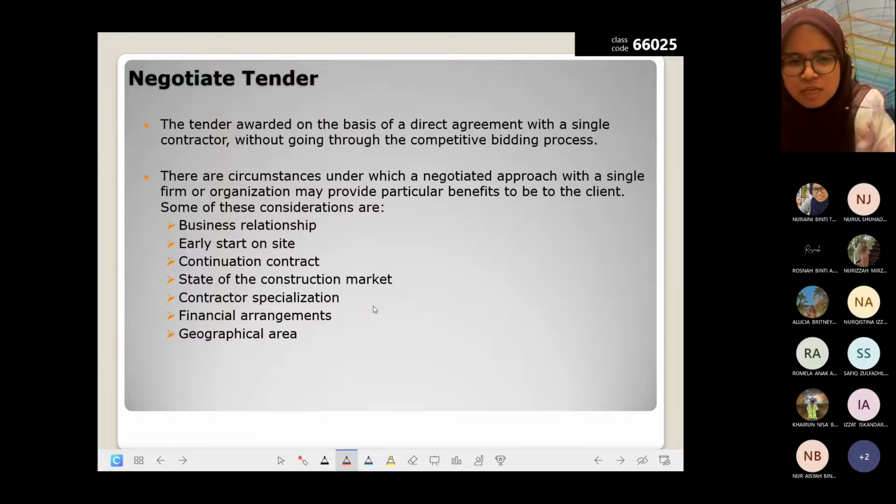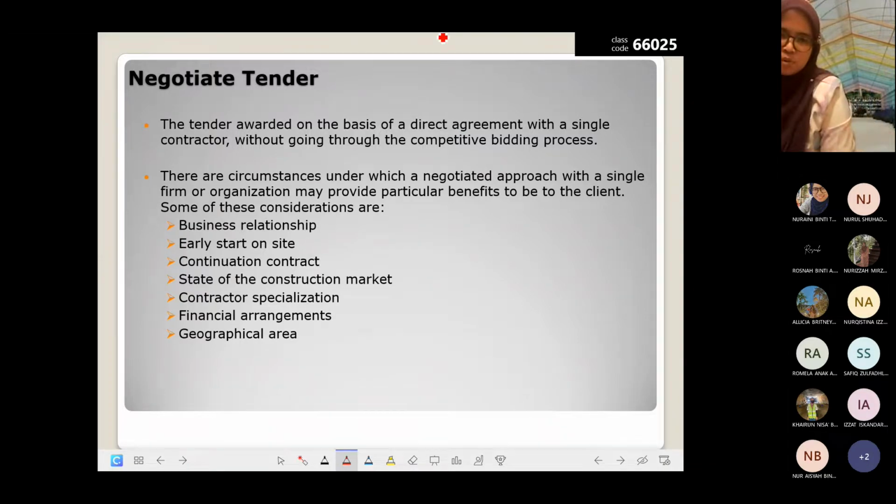Continuation of contract, state of the construction market ke, contractor specialization. So yang ni kalau private punya projek kan, tak melibatkan government, then klien boleh lah, dia dah nak terus nak bagi kat kawan dia kan. So, ataupun kontraktor tu je yang boleh buat specialize, dia ada specialize kat dalam foundation untuk that type of soil. So dia directly bagi dekat kontraktor tu. Then dia negotiate lah harga dan work to be done.